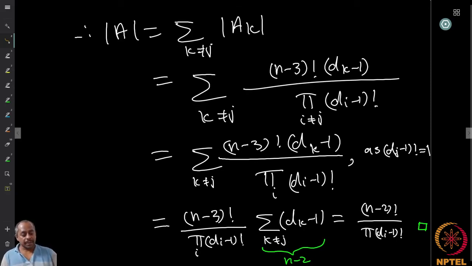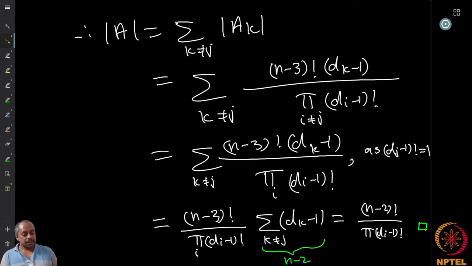Now, what is this sum? Well, this is the sum of the degrees where k is different from j, and we can see that it is actually equal to n minus 2, right? Because the summation of d_k is 2n minus 2, and then we subtract the terms for k equal to j, so the sum of (d_k - 1) works out to n minus 2.